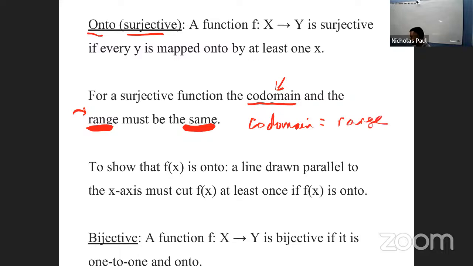Right, there are two techniques. Number one, just look at the codomain, look at the range, and see what they say, if it's actually available.